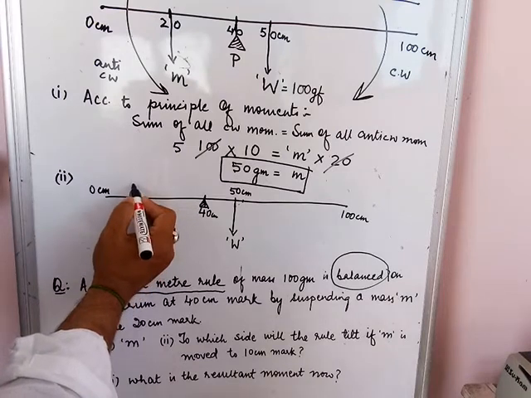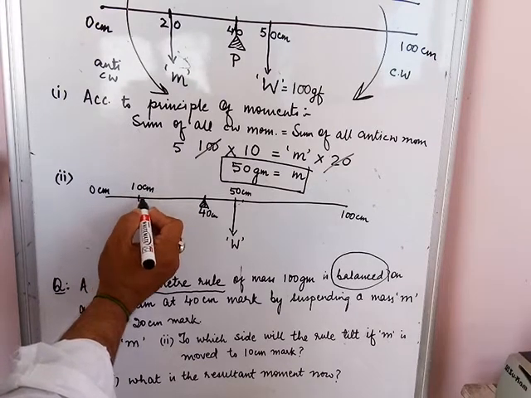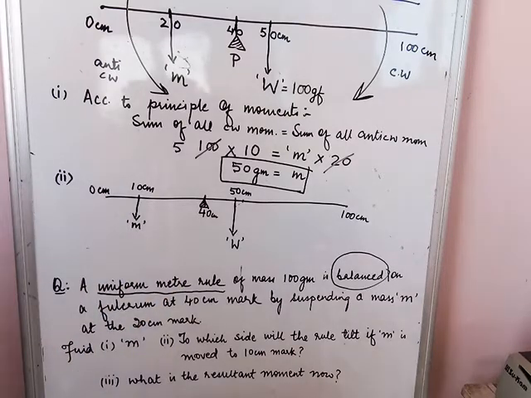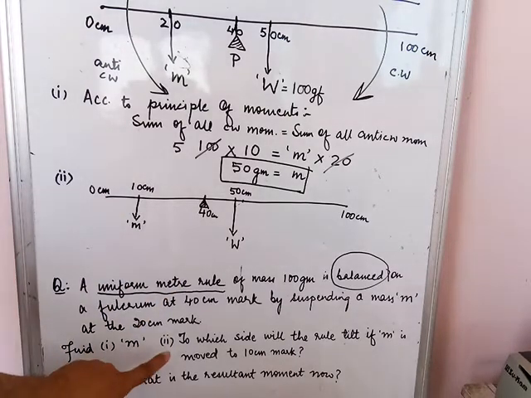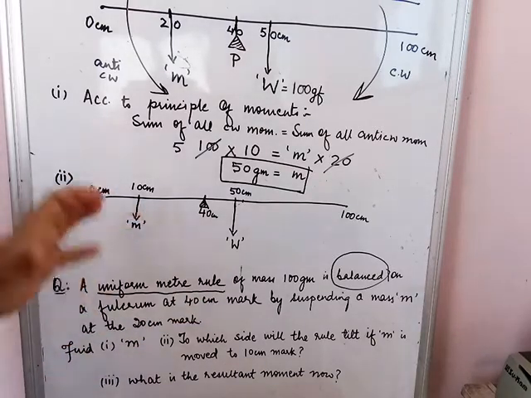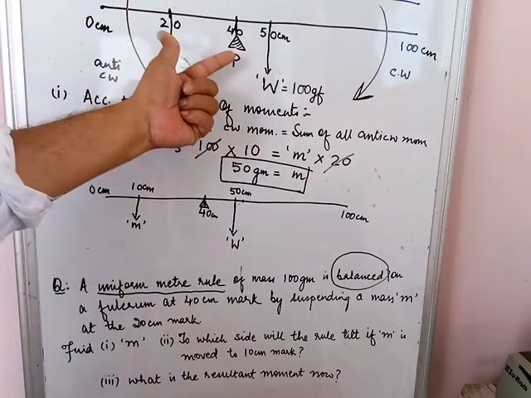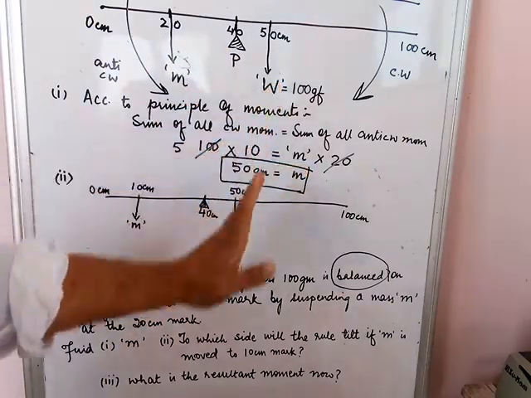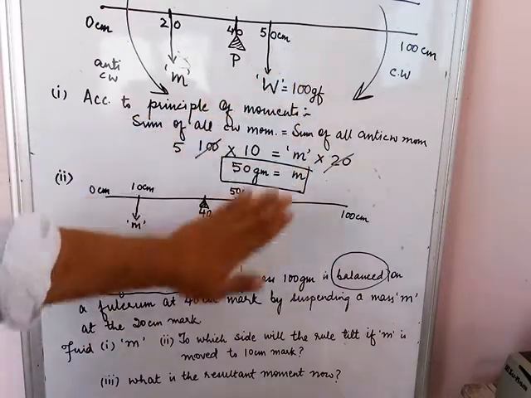So this is going to act like this. Now for answering the second part, you actually don't need any calculation. It is just logical understanding. This is the previous situation and this is the new situation. We have not moved W. The thing on the right side is still the same.